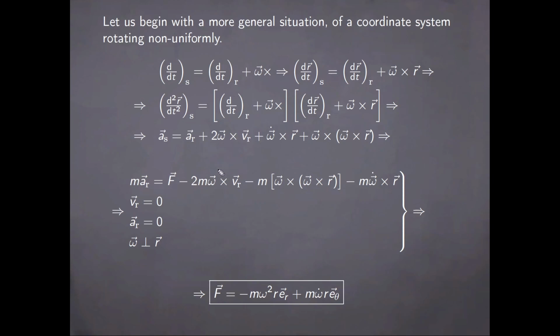Keep in mind the coordinate system rotates non-uniformly, so its instantaneous angular velocity changes with time. But we want the particle under study to be perfectly at rest in the rotating frame, so it has no velocity and no acceleration in the rotating frame.